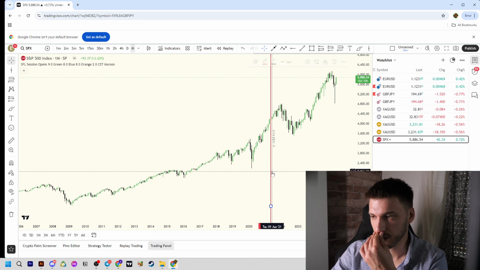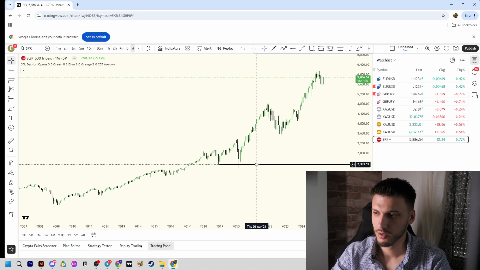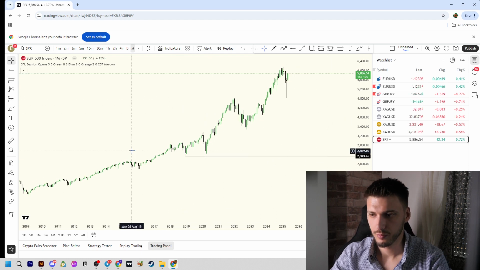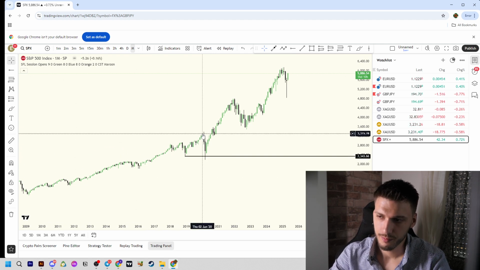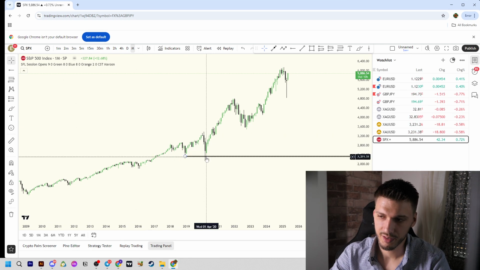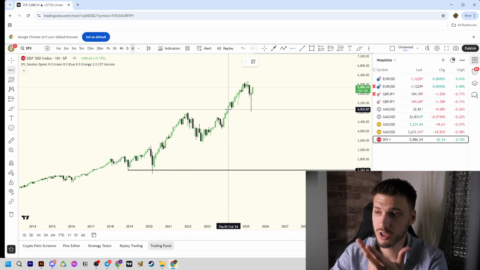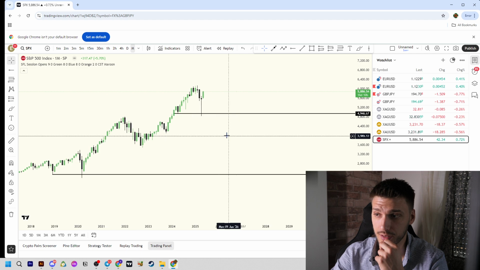So look at this. What was the market doing? This is as simple as it can get. The market was going up, and then it decided to come down, sweep this low, so they can push higher. What just happened here? This is last month. Look at this.